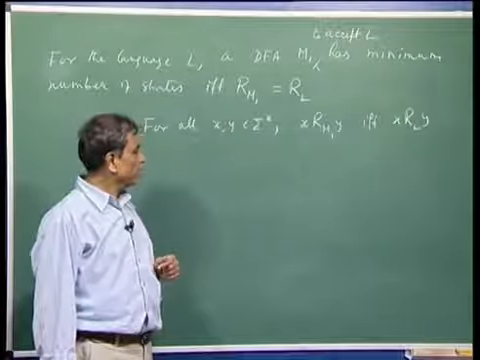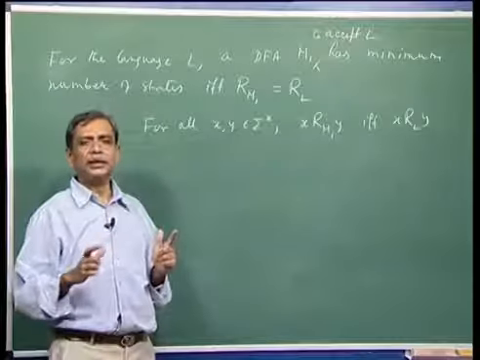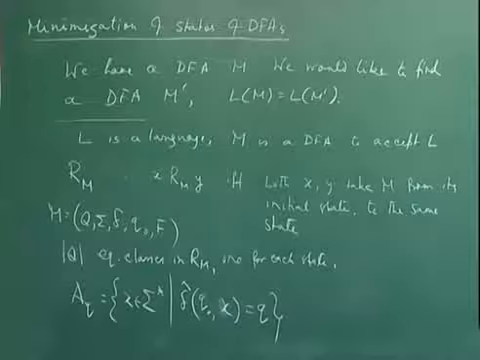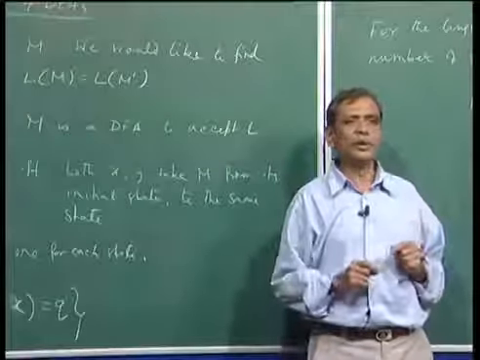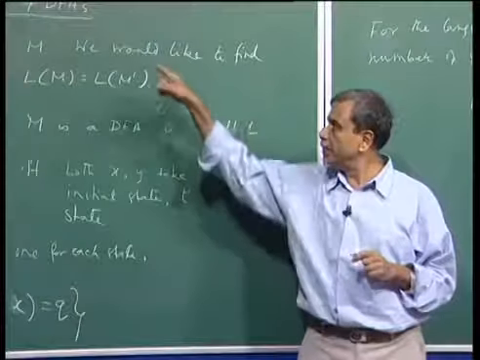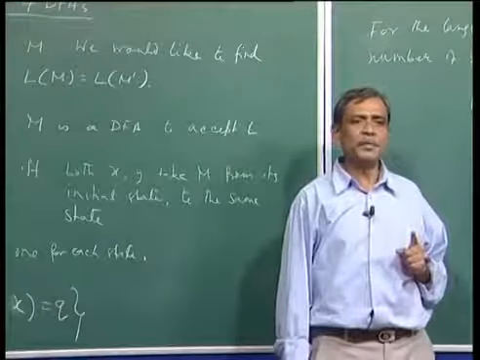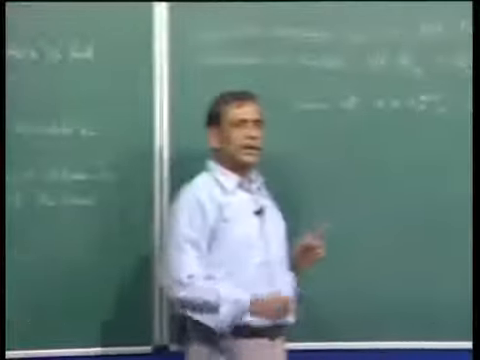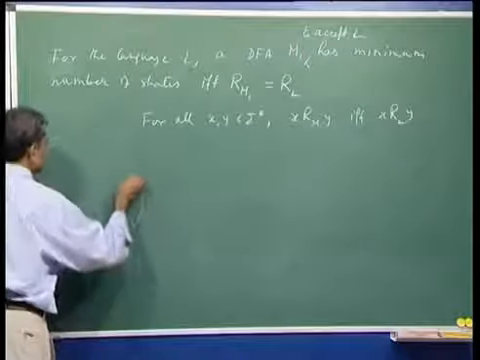Because remember that any machine to accept L gives rise to, of course, an equivalence relation Rm, and what we have proved in the Myhill Nerode theorem... so let me draw a picture.